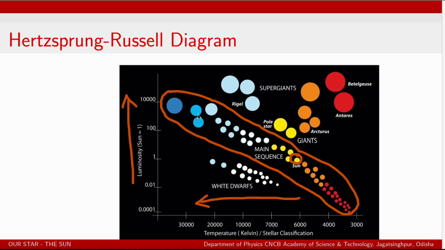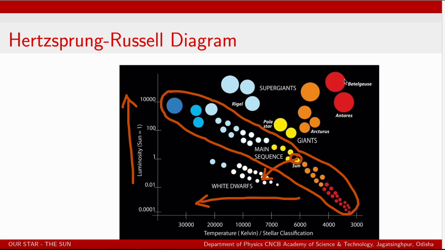And once the star dies, it falls out of this main sequence. The Sun is going to become a white dwarf, so it will go somewhere here. The bigger stars end up being neutron stars or black holes. Here you have one of the stars which is dying.